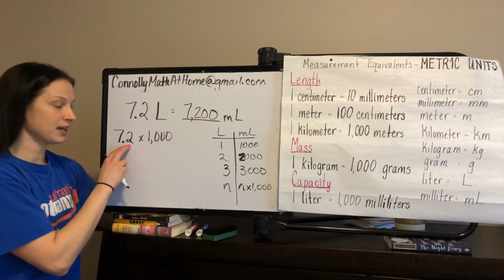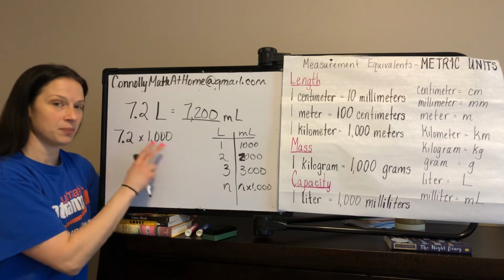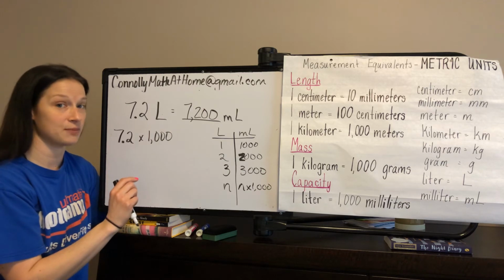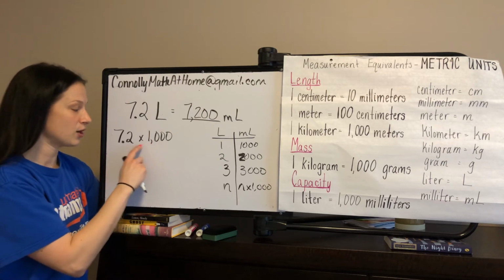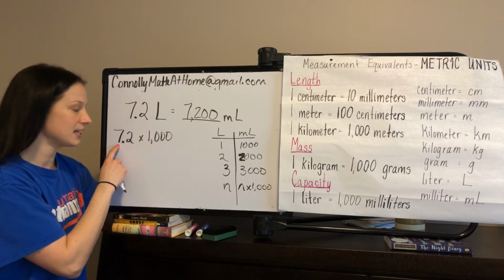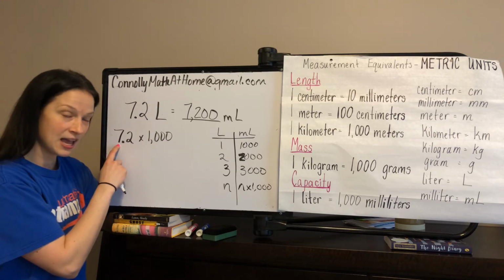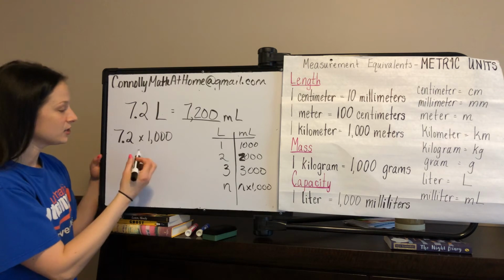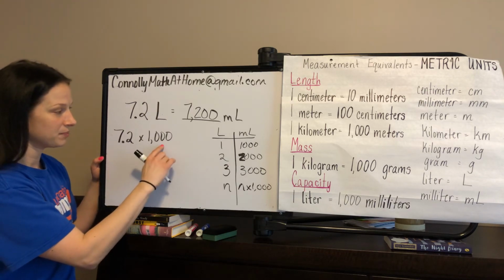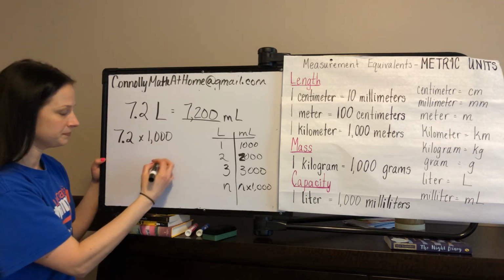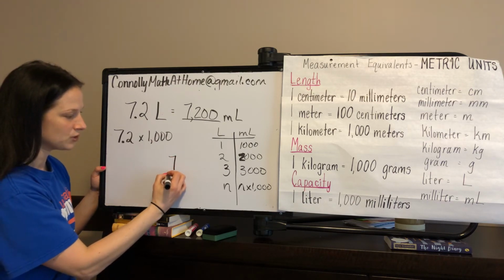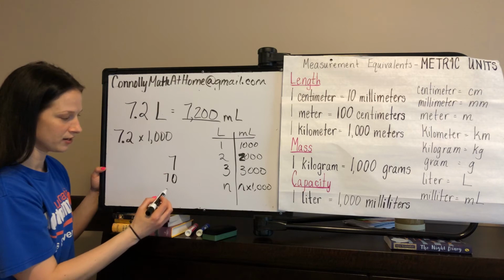So when I'm multiplying any number by 1,000, each digit is going to get 1,000 times greater. Okay? So 7 is currently in the ones place. I want to show that it's getting 1,000 times greater. So when I think about how many place values it has to shift over, it's going to go from the ones place to the tens place. It gets 10 times greater.